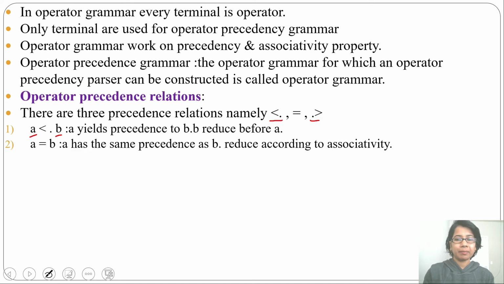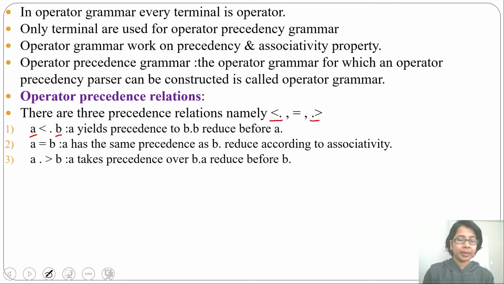If both have same precedence, then we will reduce according to associativity. If it is left associative, then the left operator will reduce first. If it is right associative, then the right operator will reduce first. If A greater than B, it means A has higher precedence than B, so A will reduce before B.